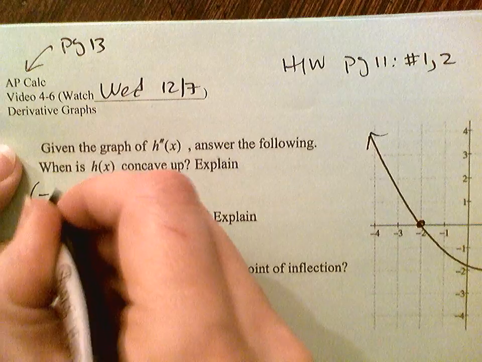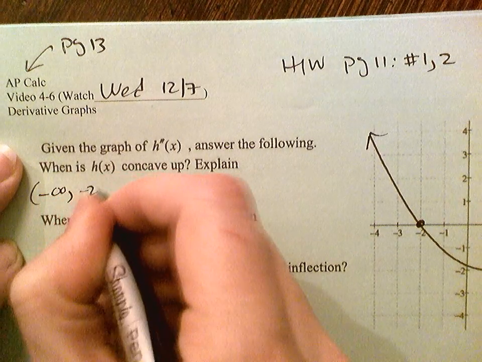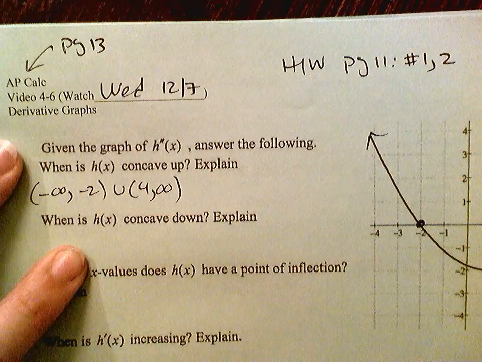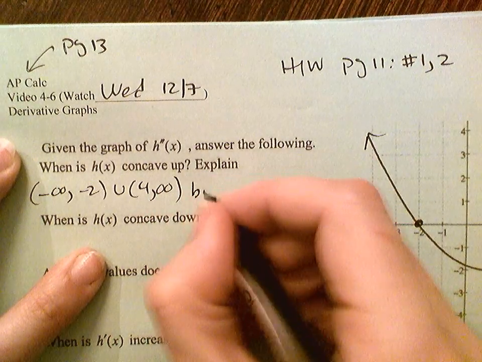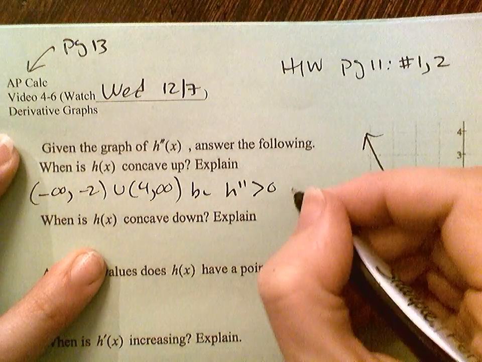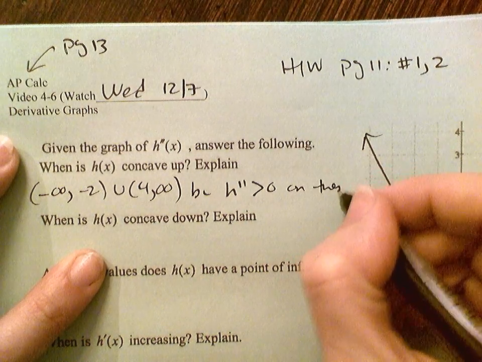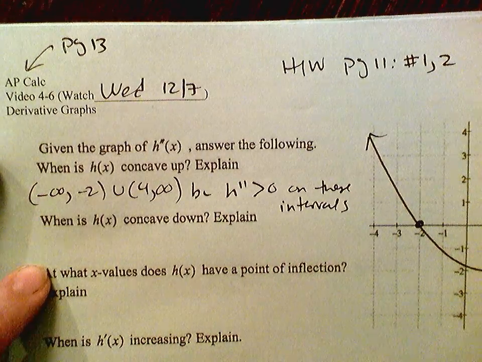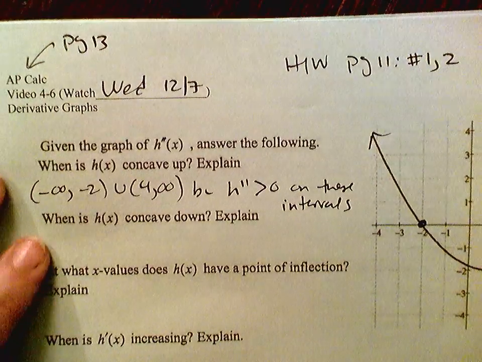So from negative infinity to negative 2 union, and then from 4 to infinity, and then I'll say because h double prime is greater than 0 on these intervals. Okay, now go ahead of me if you've got this.